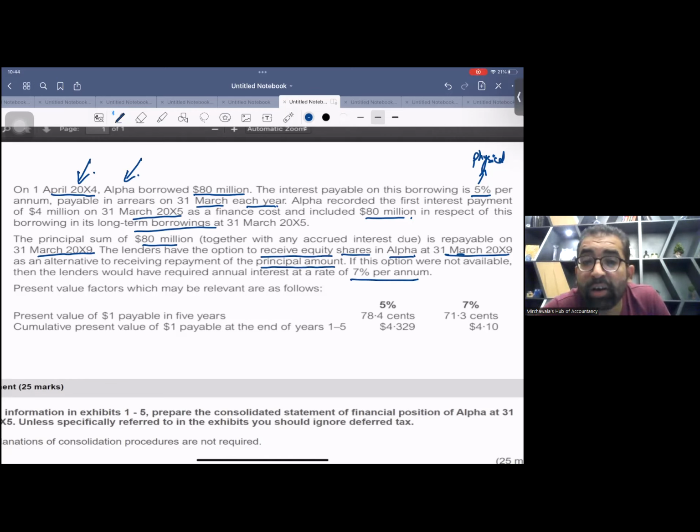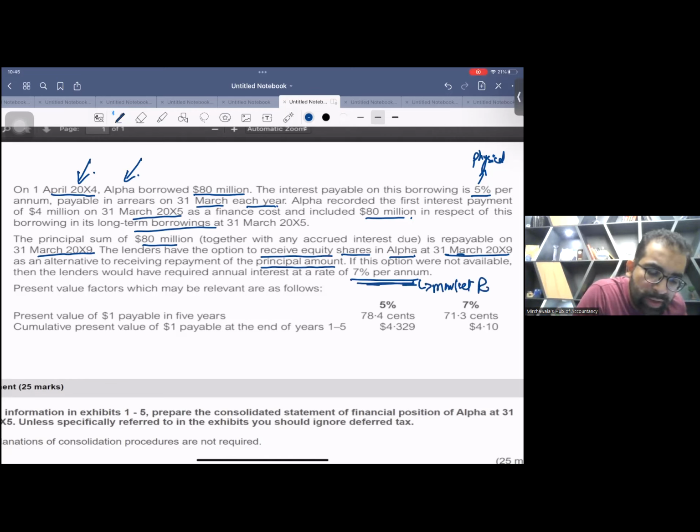Normally the lenders have the option of shares. Normal loans in the market without such conversion options carry a rate of 7%. So this is the market rate.